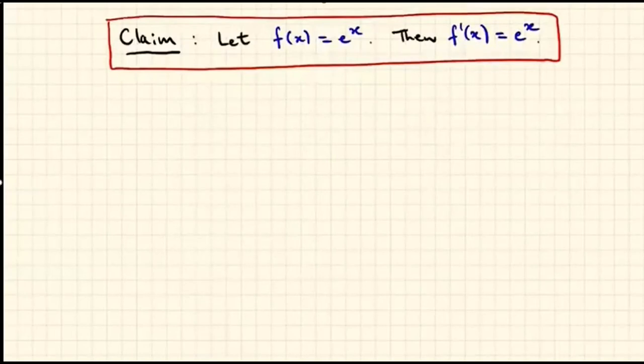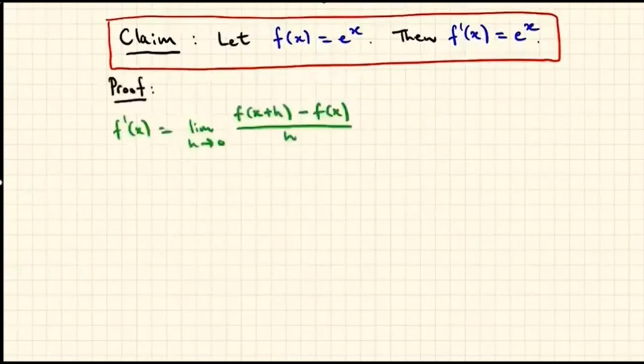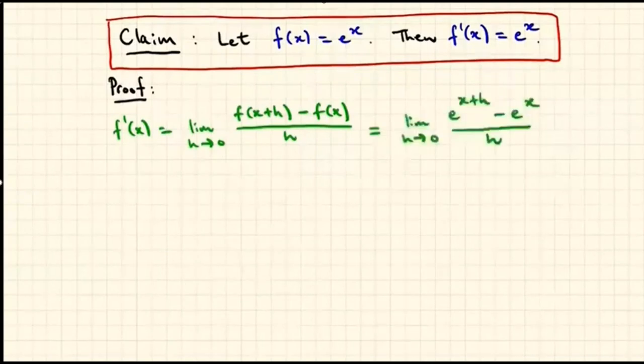First, write f dash x using the limit notation. The numerator inside the limit then becomes e to the x plus h minus e to the x, all over h.